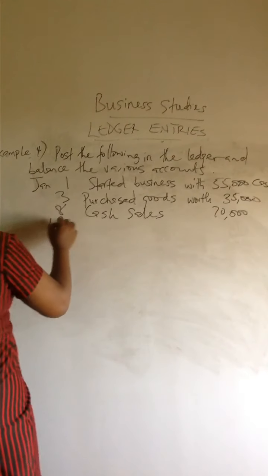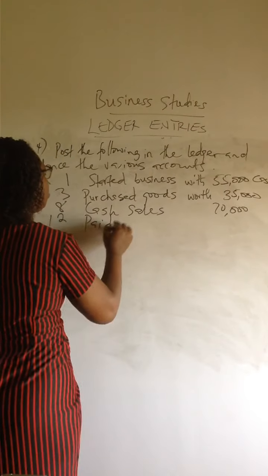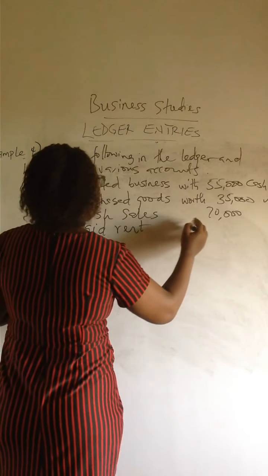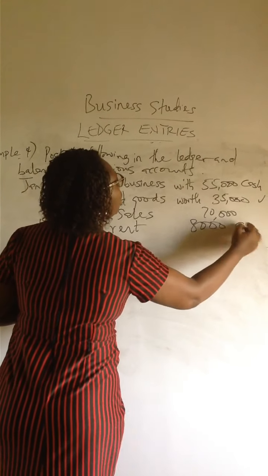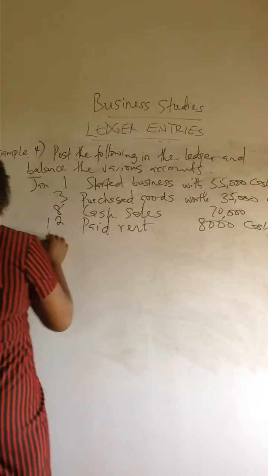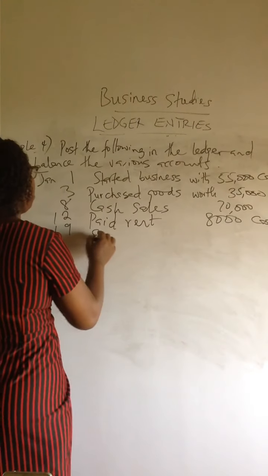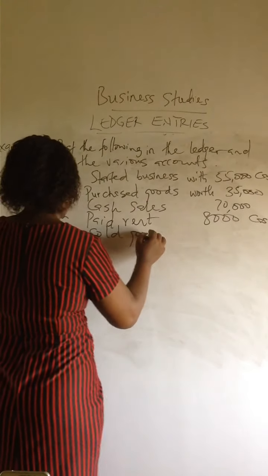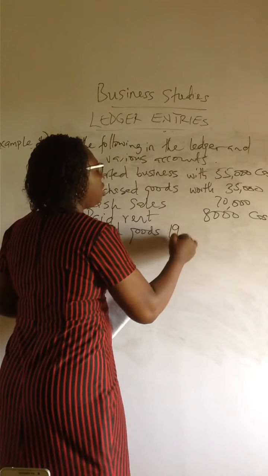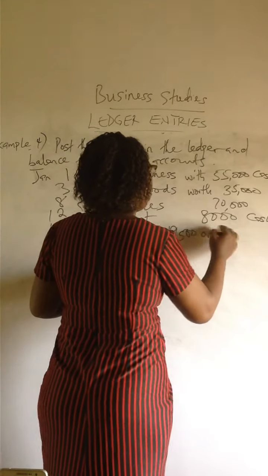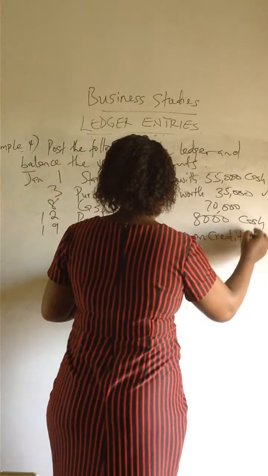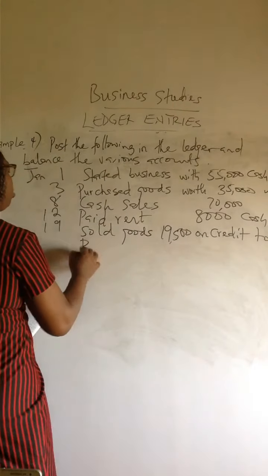On the 12th, paid rent 8,000 cash. On the 19th, sold goods 19,500 on credit to Bimbo.